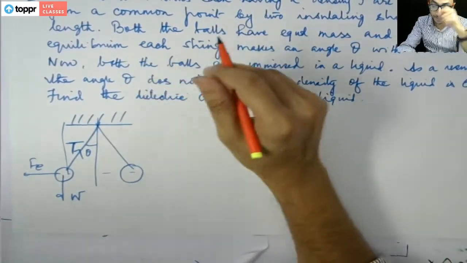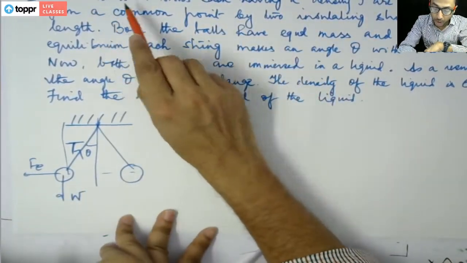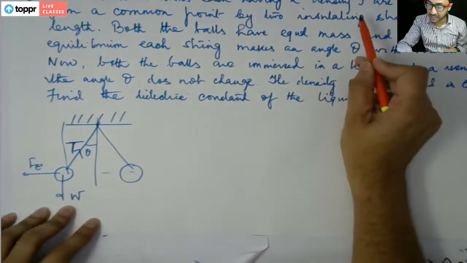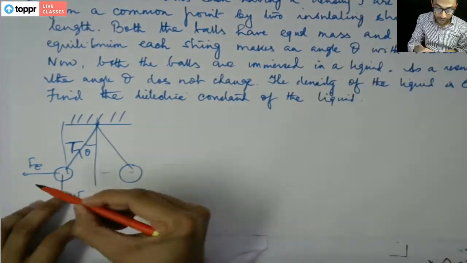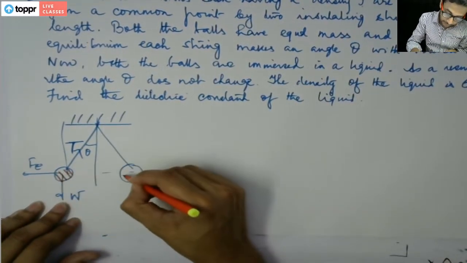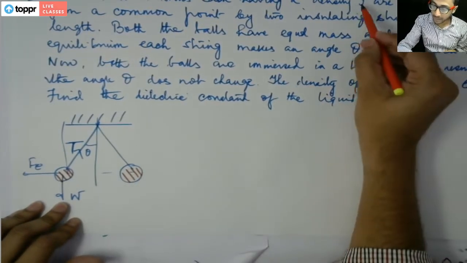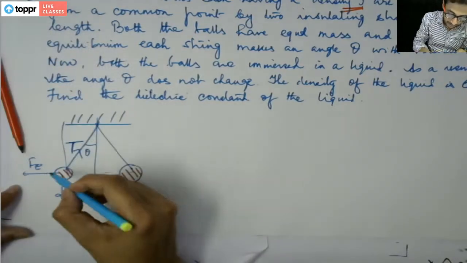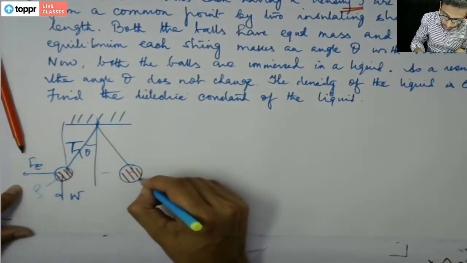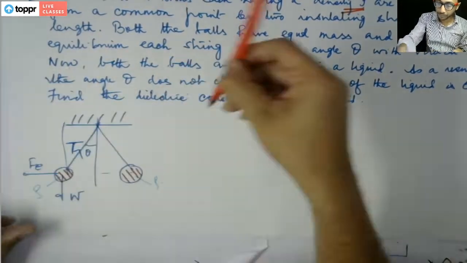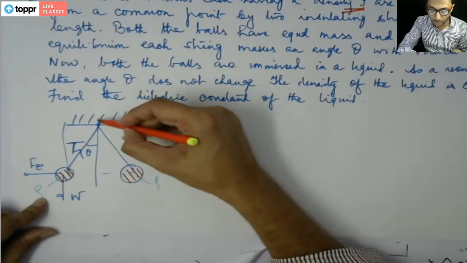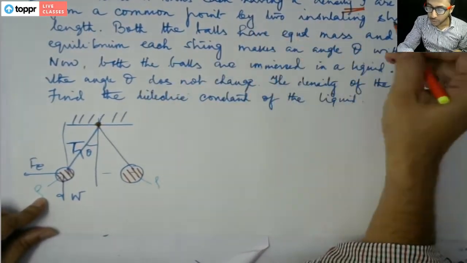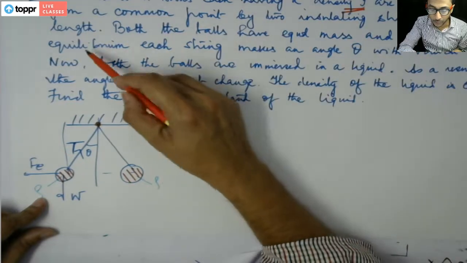See how we do this problem. This is a very interesting problem. Two identical balls, each having density rho. These are the two balls. They have a density rho. Right. They are suspended from a common point by two insulating strings of equal length.